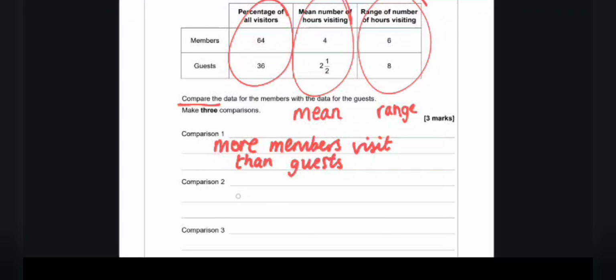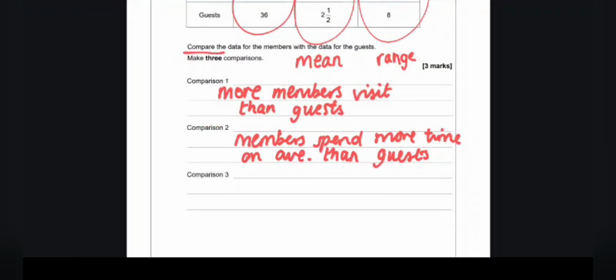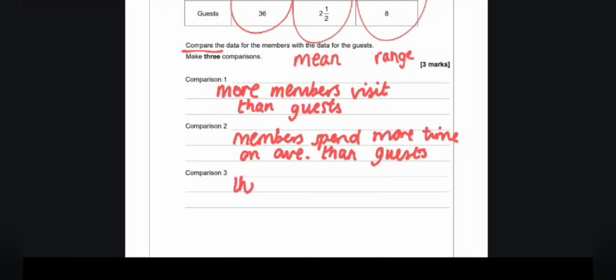We can also say on average, the members spend more time because they are spending a mean of 4 compared to 2.5 hours for the guests. And then when we look at range, a smaller range means less difference in the group, and a larger range means more difference in the group.